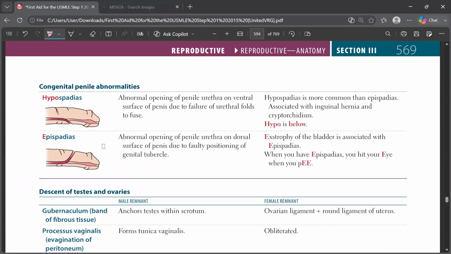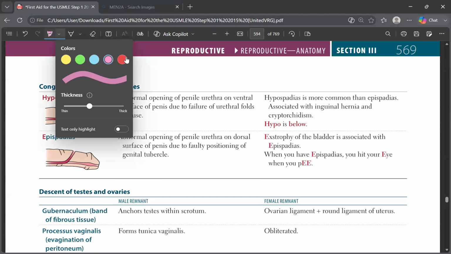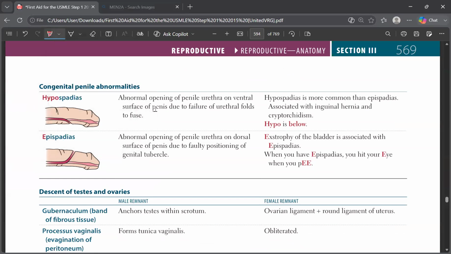Now we have some congenital penile abnormalities, which involve hypospadias and epispadias. This is the normal pathway for the penile urethra, and this is the shaft of the penis. With hypospadias, there's an abnormal opening of the penile urethra on the ventral surface of the penis due to failure of the urethral folds to fuse.